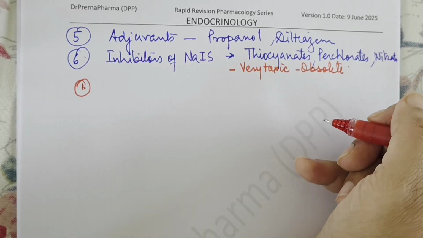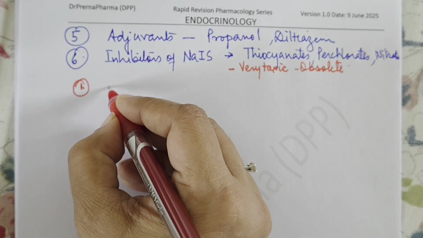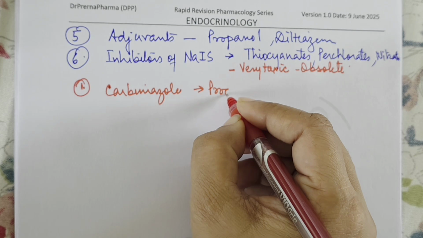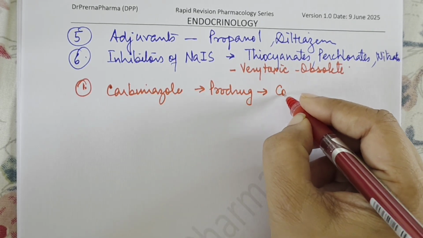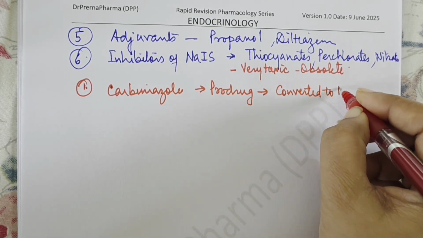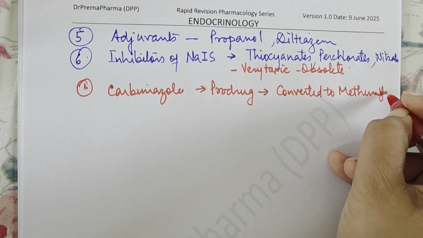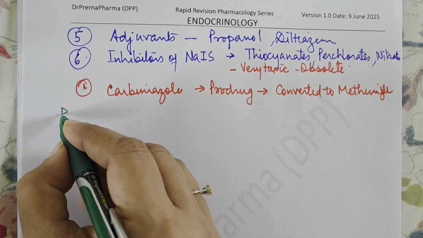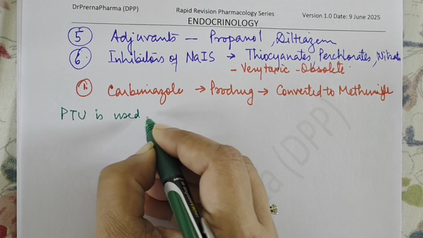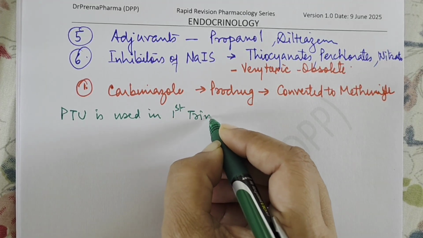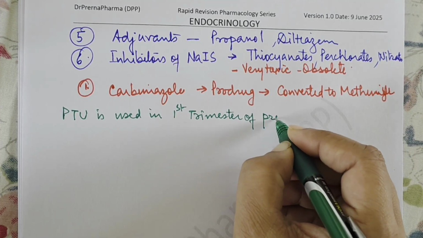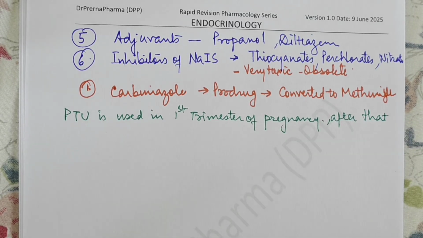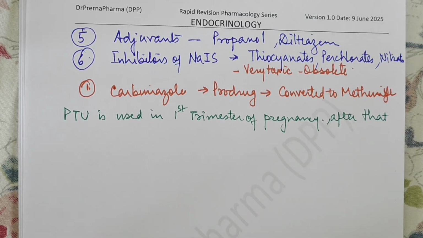Okay, then carbimazole. I'm telling you important points of these drugs. Carbimazole is a prodrug and it is converted to methimazole. Okay, another important point, questions are asked very commonly on this: propylthiouracil is used in the first trimester of pregnancy.